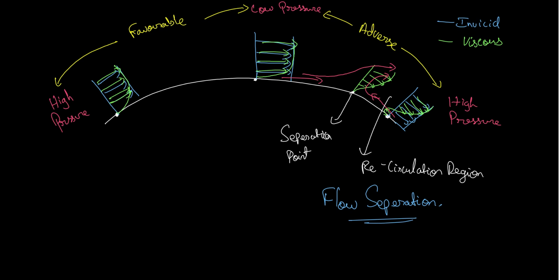Alright, let's just skip. So if I try to sketch the same thing around a cylinder that is kept in a uniform flow, this is what I'll be observing. Suppose this is a cylinder, and I'm assuming there is viscous behavior. This is what I'll observe.